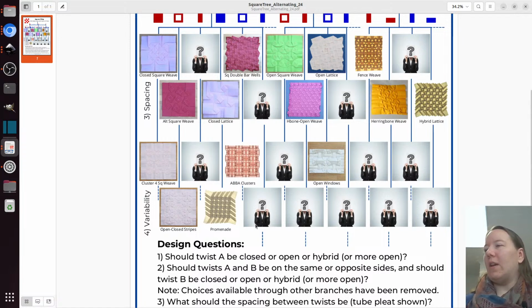Then you're still choosing 2 in the case of open-closed stripes, or 4 twists in the case of ABBA clusters or open windows. Actually, no, open windows is just 2. But ABBA clusters and meandering squares, which is a different spacing of ABBA clusters, is clusters of 4.